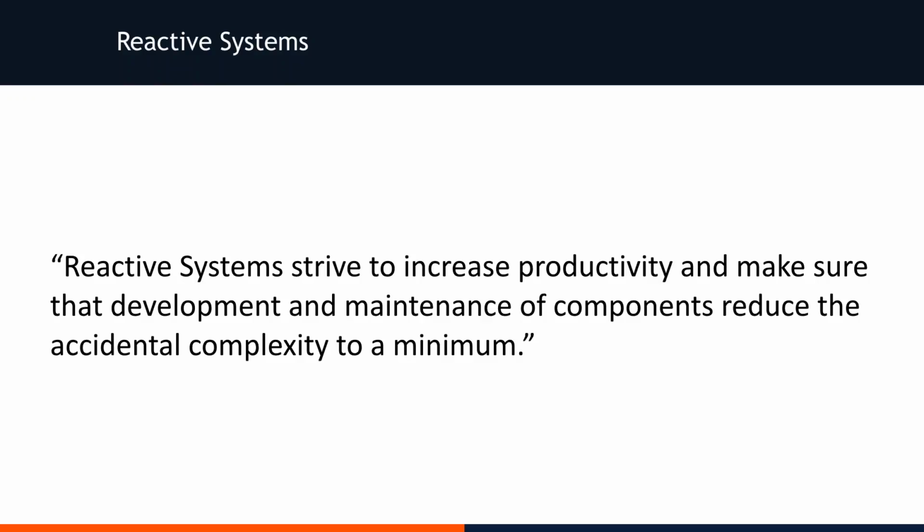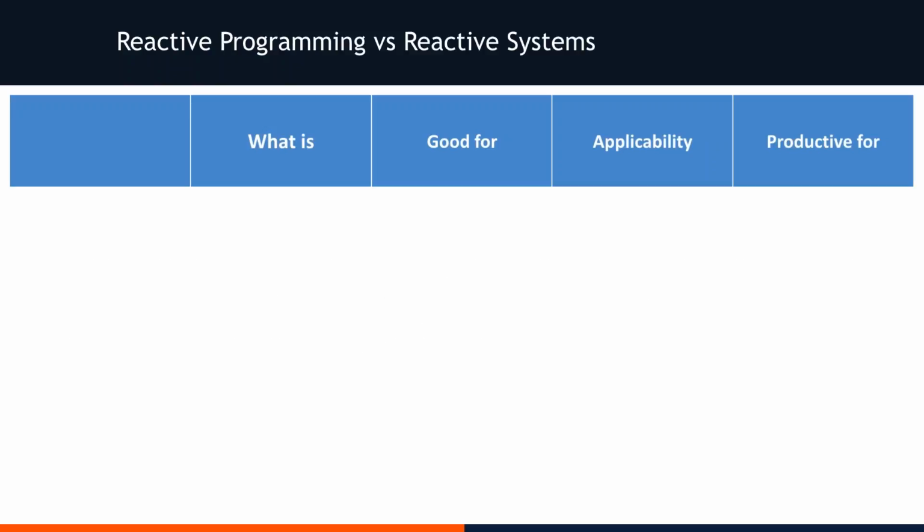At this point, you might have these ideas a little confused about these reactive systems, but we'll come to some examples and implementation that will make everything clear. At this point, we can already sum up a little bit this idea of reactive programming versus reactive systems. How do they relate to each other?